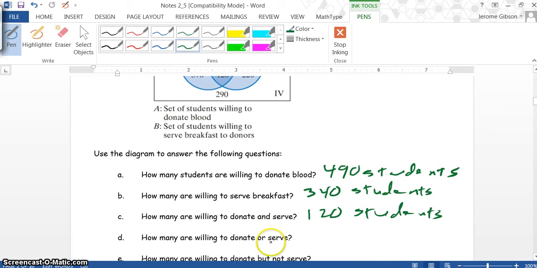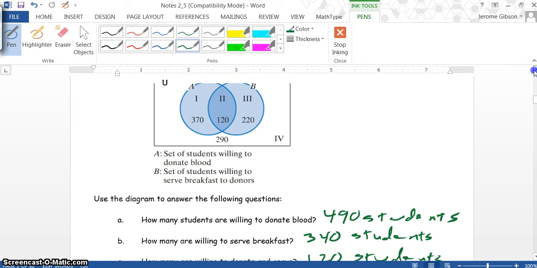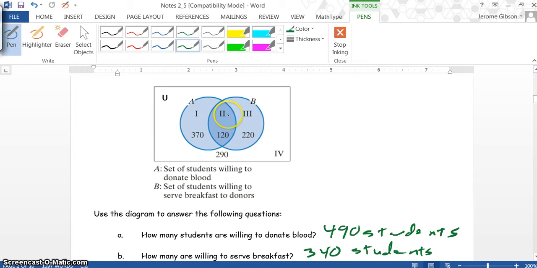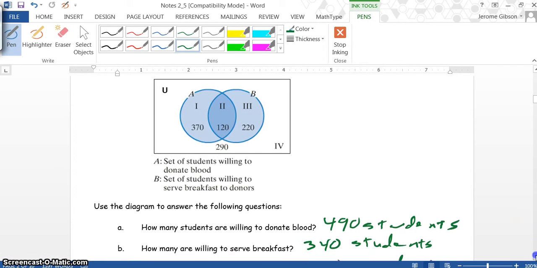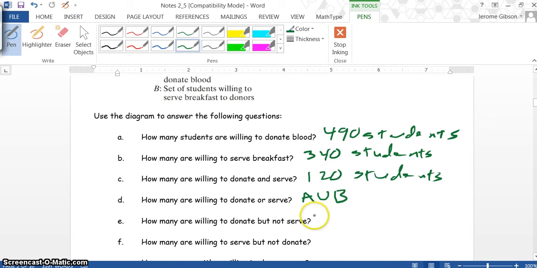So what we would have here is A union B. Now remember, when we add these up, what would end up happening is we would take the set of A plus the set of B and then subtract out what they're overlapping. So A is all of the set of A, which is 490.